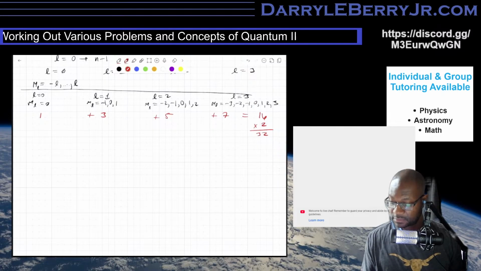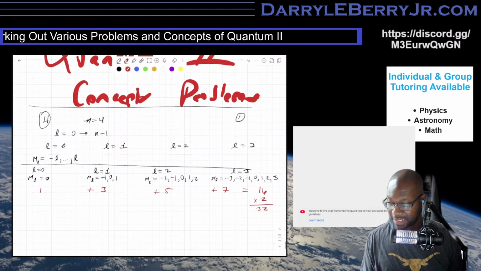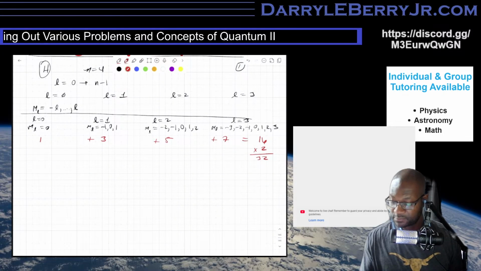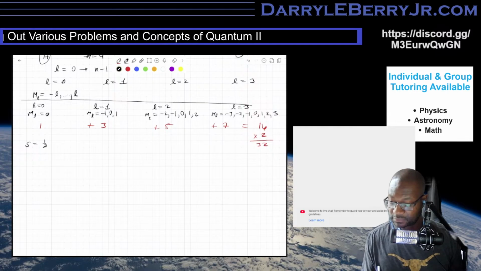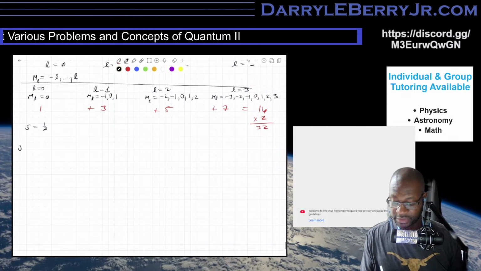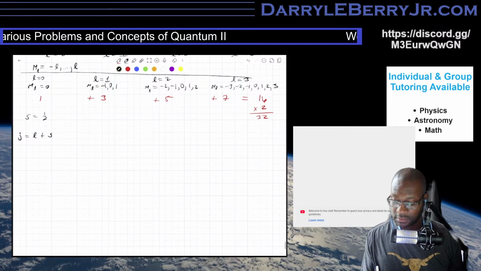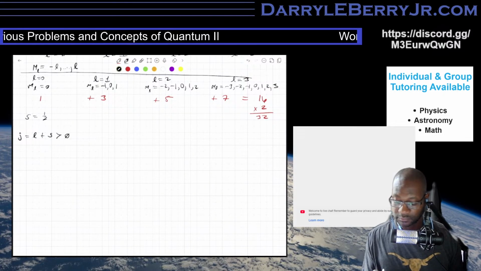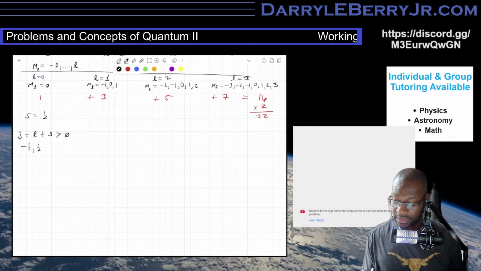So we're going to take into account the electron spin only. So spin is always going to be 1/2. So if I get the j, that'll be L plus S greater than 0. So the j for this one is negative 1/2, 1/2.